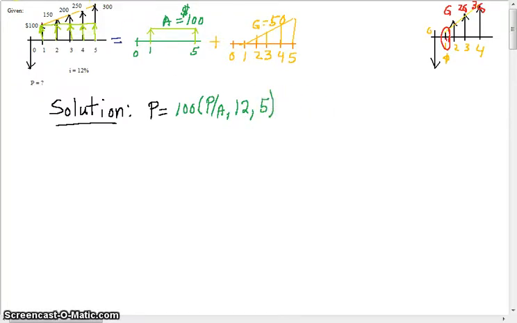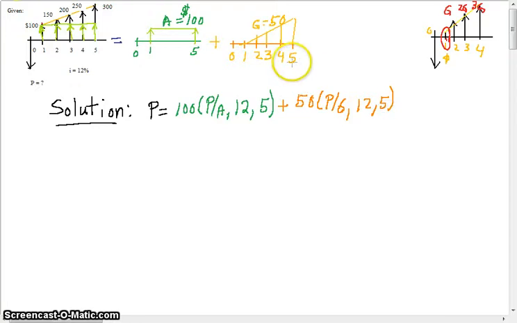Okay. And then we have our orange portion, our gradient, which is an addition. We will have our gradient, which is $50, times find P given G at 12% for 5 years.